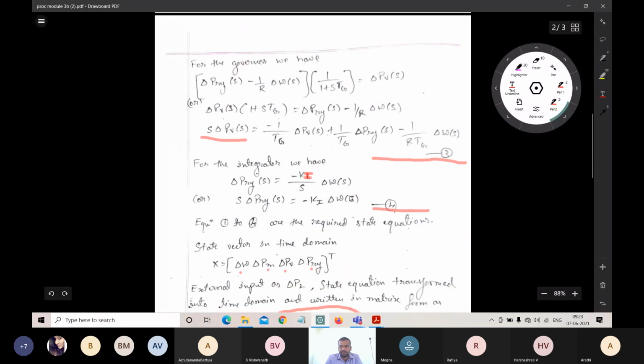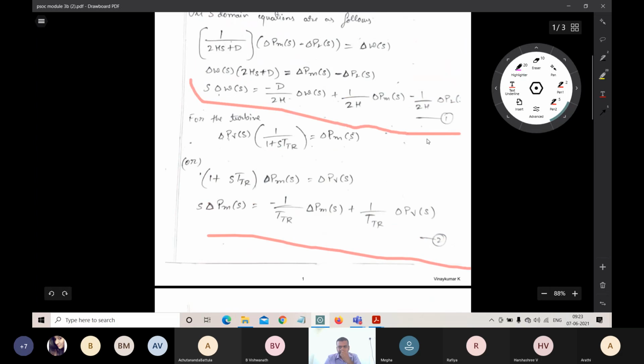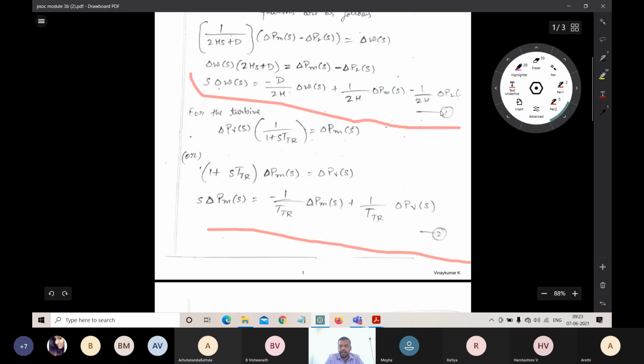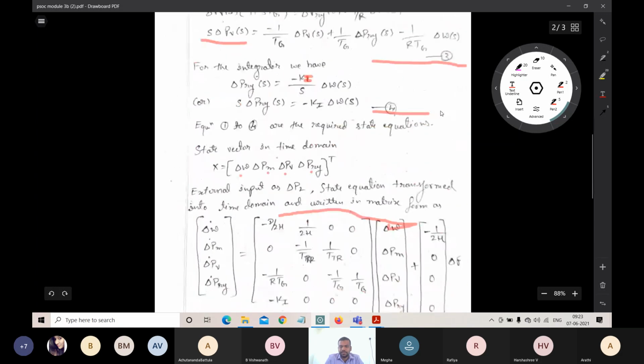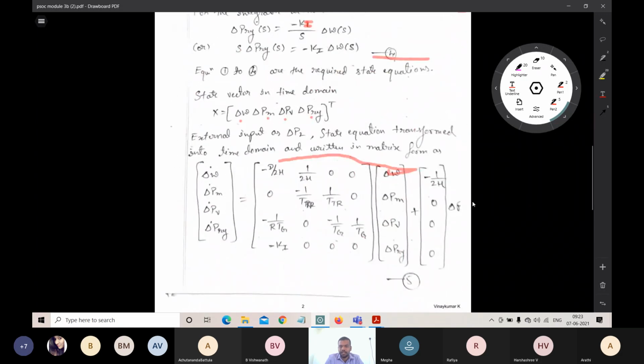You can observe here, no delta pv and delta p reference, but we have delta pl. That delta pl is written here. It is the external load, the external input, so it is extra added: 1 by 2h delta pl.